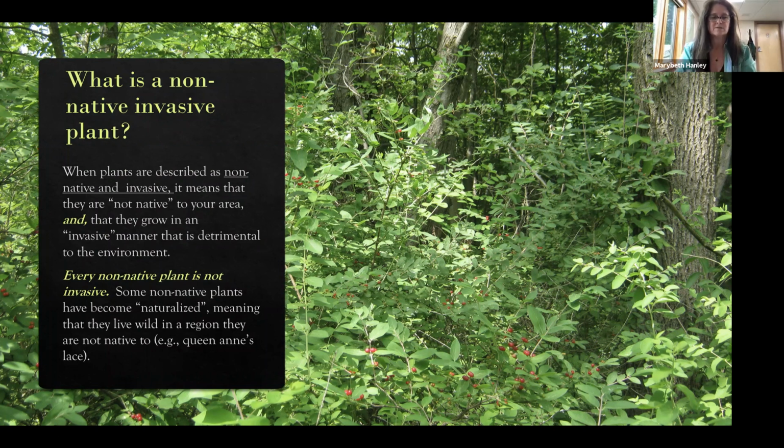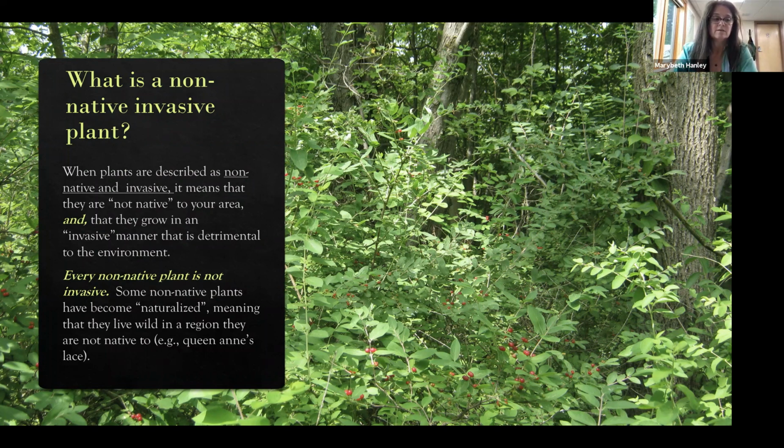We kind of knew just from looking what things were invasive, but when we did the survey, we just looked at what's exotic, not necessarily what's invasive, and then evaluated the invasibility of it. When you talk about a plant that's non-native and invasive, it just means it's not native to the area that you're in, and it grows in an invasive manner that's detrimental to the environment.